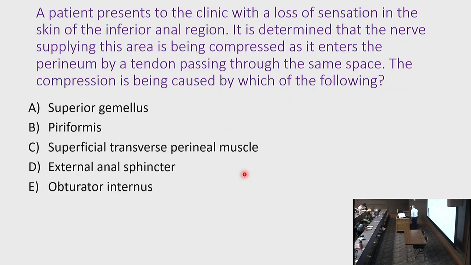Well, how does the inferior anal nerve, that's a branch of what nerve? The pudendal nerve. How does the pudendal nerve enter the perineum? Lesser sciatic foramen, right? And the lesser sciatic foramen, what tendon passes through it? Obturator internus, right? And that's how we work through that answer.